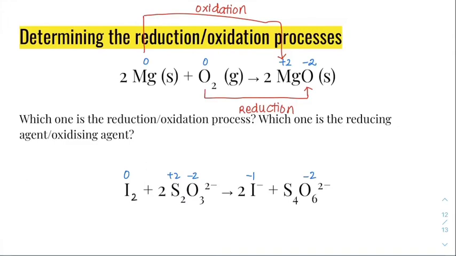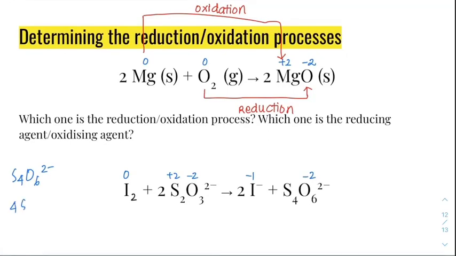Now for S4O6 2 minus, four times the oxidation state of sulfur plus 6 times -2 equals -2.